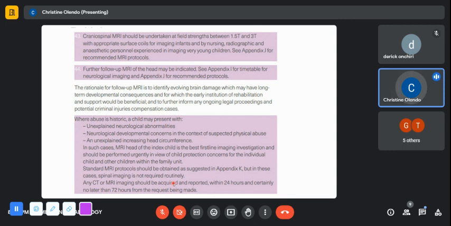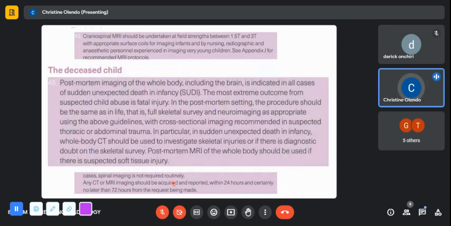The first line imaging for this child is MRI of the head. You can use the protocols that are there, and any CT or MRI should be acquired and reported within 24 hours and not more than 72 hours.